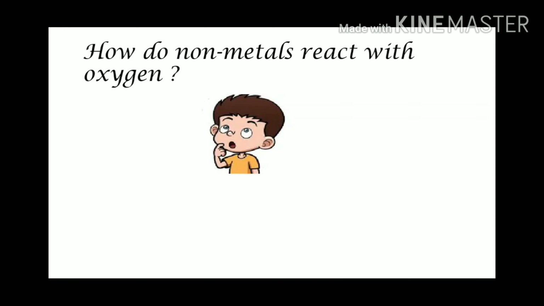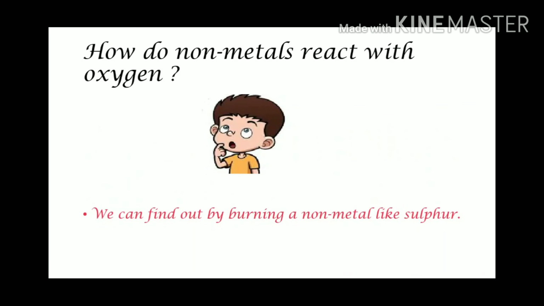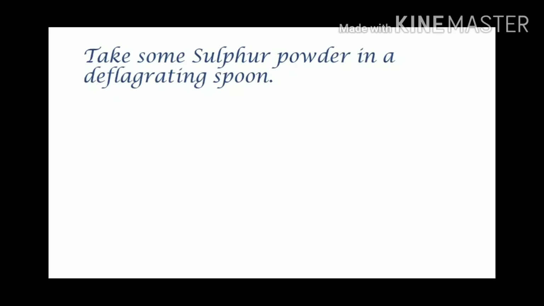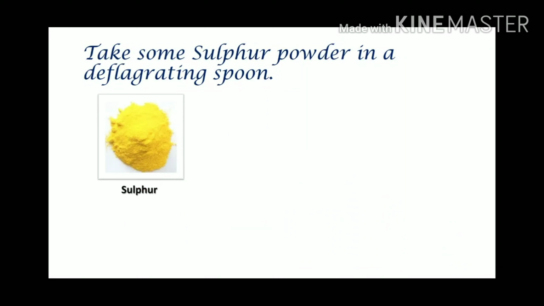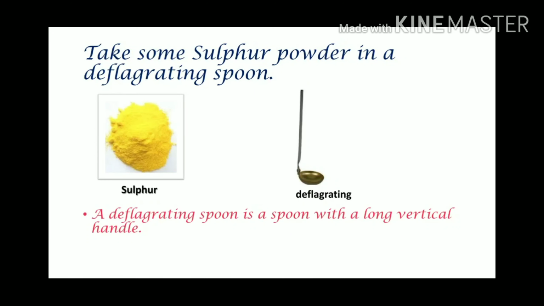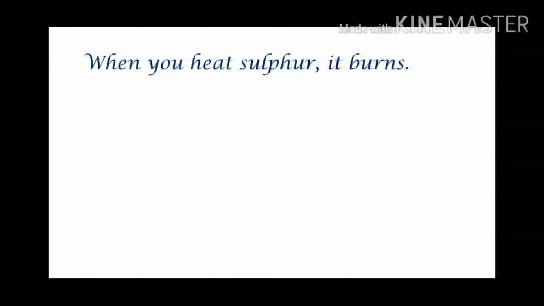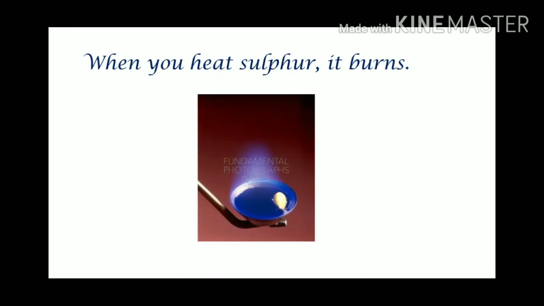How do nonmetals react with oxygen? We can find out by burning a non-metal like sulfur. Take some sulfur powder in a deflagrating spoon. A deflagrating spoon is a spoon with a long vertical handle. When you heat sulfur, it burns.